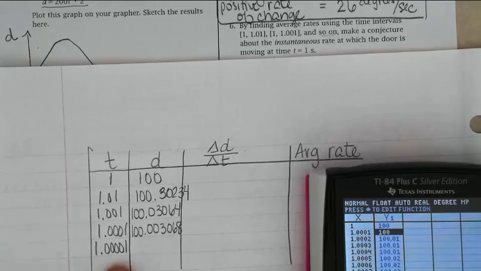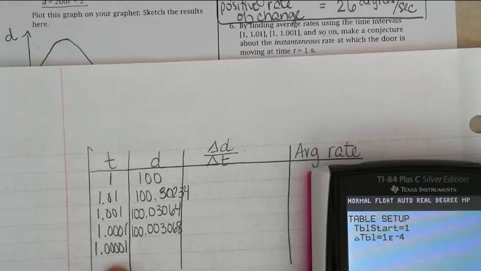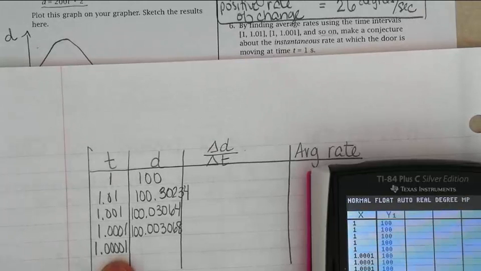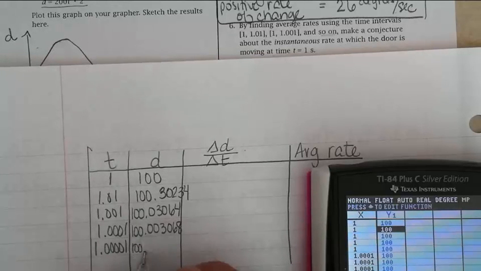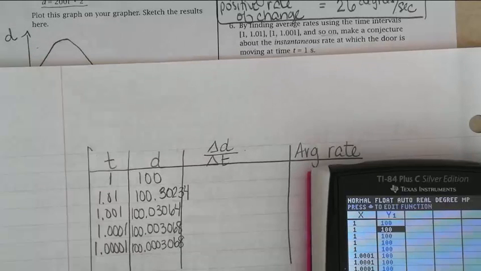And I need one more 0 here. One, two, three, 4 zeros is what I'm looking for. So that's going to give me 100 point, 1, 2, 3. Basically the same thing. Okay, so I think we're getting really, really close here.